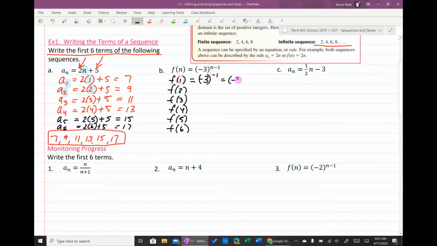So that's -3 to the 0 power, which is 1. For the next part, we have -3 to the 2 minus 1 power, which is -3 to the first, which is -3. -3 to the 3 minus 1 power is -3 squared, which is 9. The next one will be -3 to the third, which is -27.